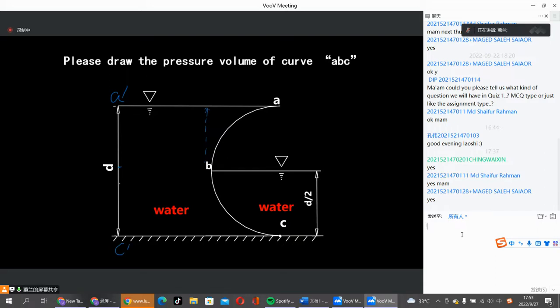This is the vertical projection area. The horizontal force will equal the pressure at the centroid B' times the area A'C' per unit width, right? And it should be to the right, right?